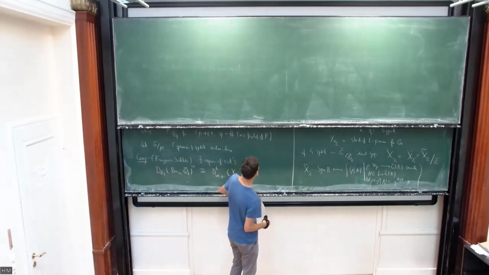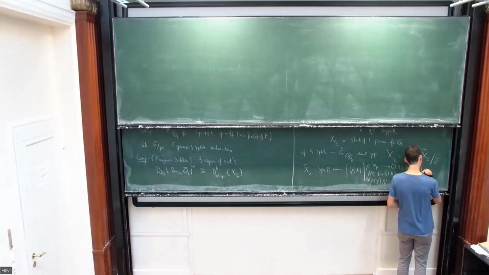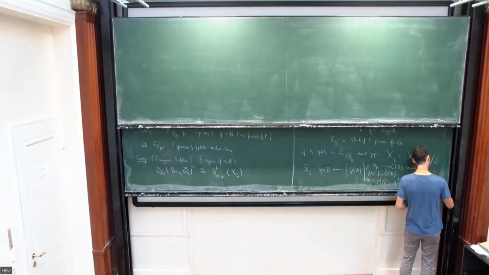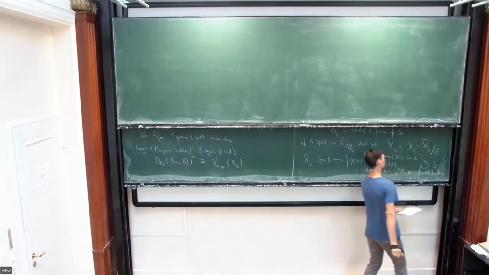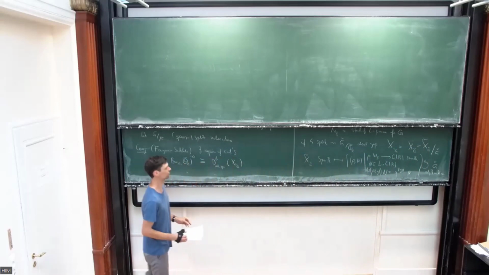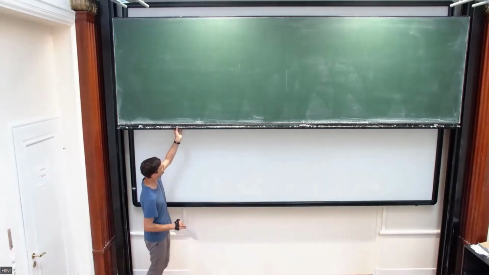Okay, so the whole thing receives an adjoint action of the group G check, and then you can pass to the stack quotient.